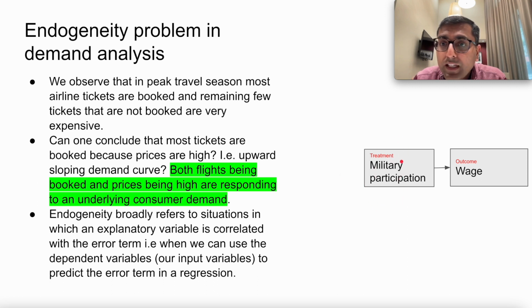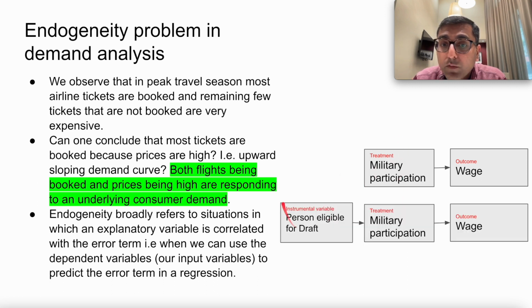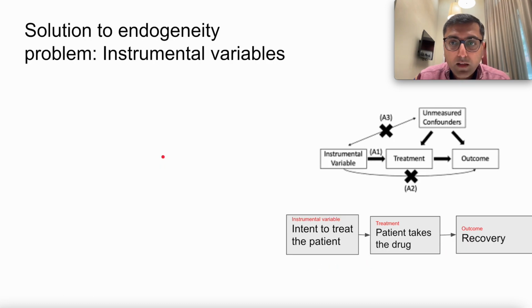But you can also see that there could be one other variable, which is whether this person is eligible to be drafted into the military, that causes them to be participating in the military. That's what causes the wage to go up. Then you can quickly see that there is this instrumental variable, IV, that causes this, right? So like the consumer demand example is the instrumental variable.